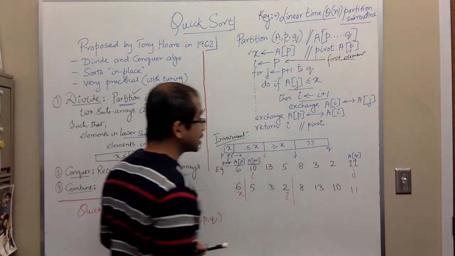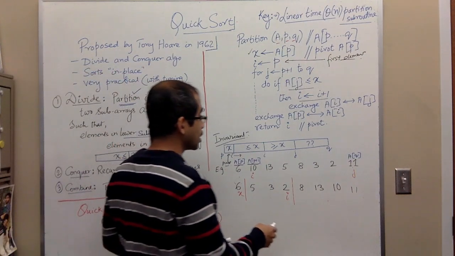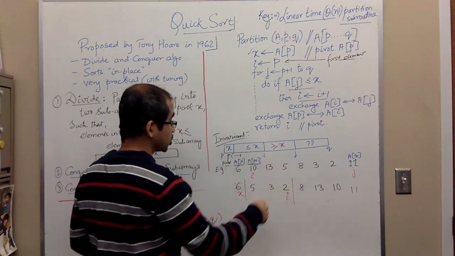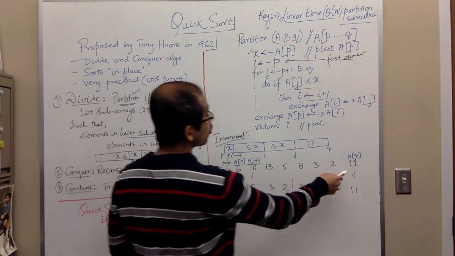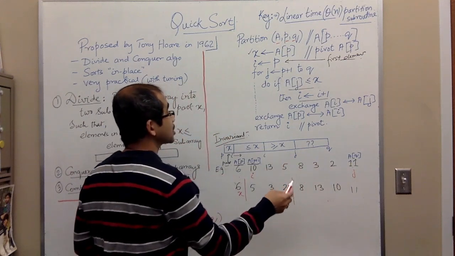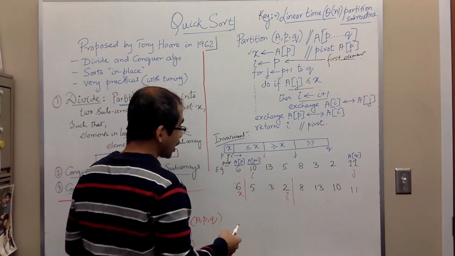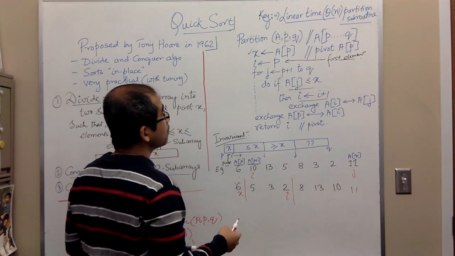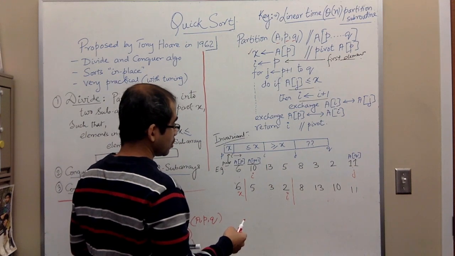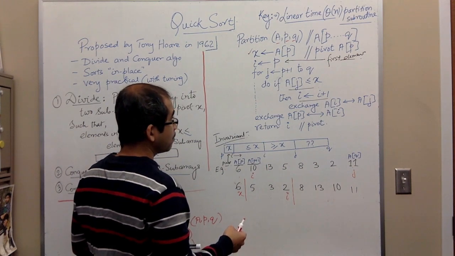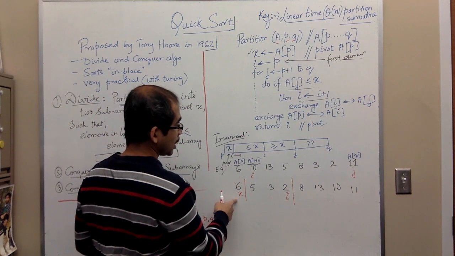Now 11 is definitely not less than the pivot. So there will be no exchanges between a[i] and a[j]. But because there is no more element, this is the qth element, the last element, what we do is exchange a[p], the pivot element, with a[i].